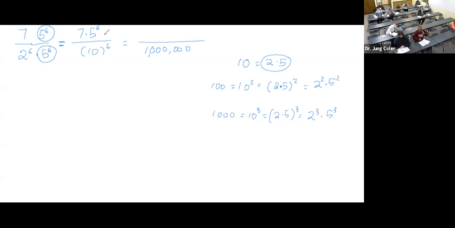Did anybody calculate this? 5 to the 6th power times 7? 5 to the 6th power is 15,625. If you multiply that by 7, you get 109,375 over 1,000,000. 3, 4, 5, 6.